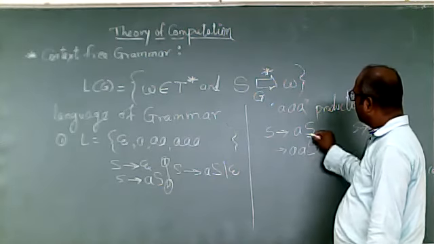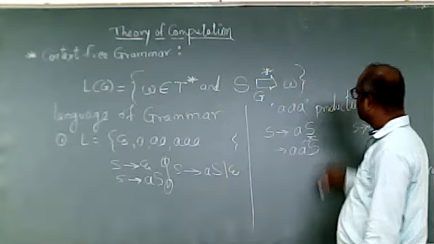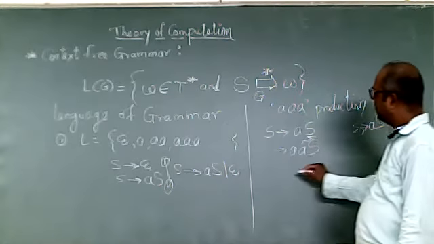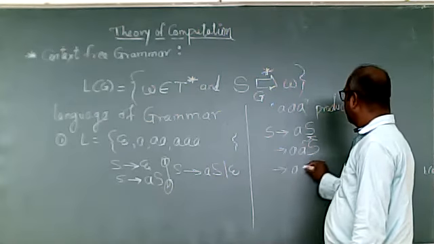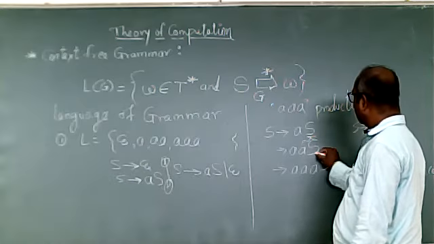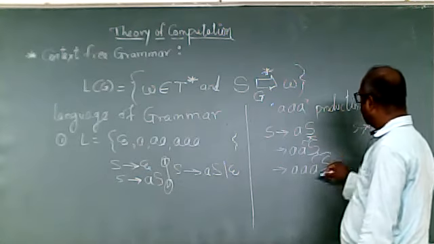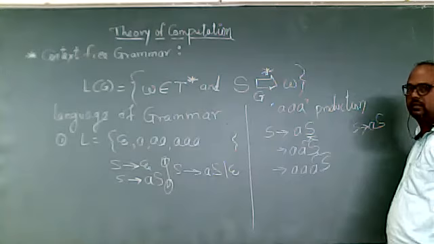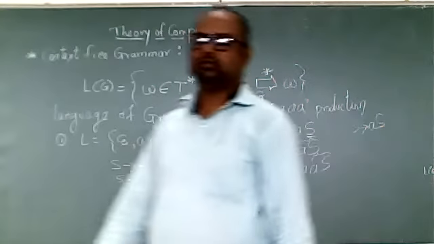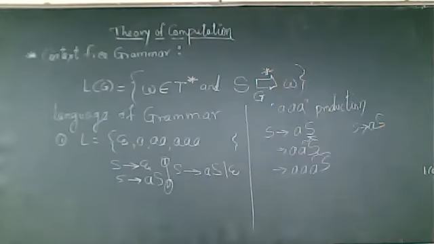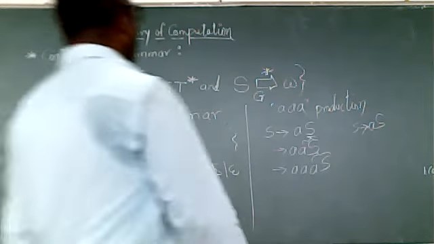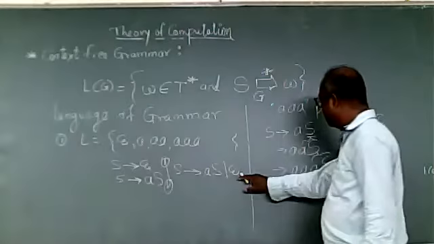So these two A's I am getting from this AS. Again one more AS for this S, so I have AAS. Now, for the termination, I will use the first production.